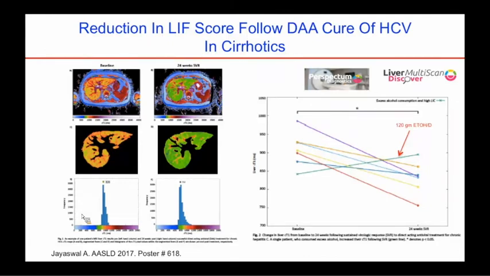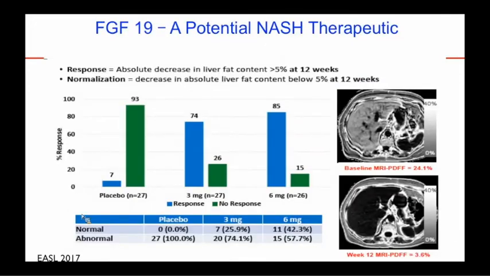Whether it's sensitive enough to tell us that fibrosis is regressing and disease is improving, I think remains to be seen. Another is the MR fat fraction. This was a trial presented at EASL a year ago, or earlier this year, looking at fat content and showing that in response to this particular drug, a recombinant engineered FGF19, there was a dramatic change in liver fat at both doses of the drug compared to placebo.